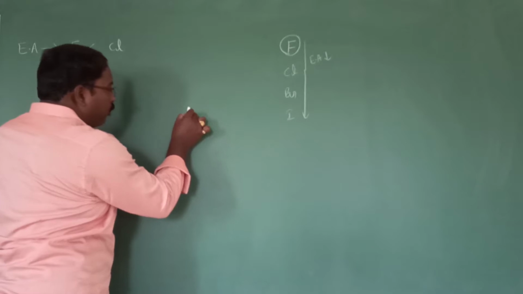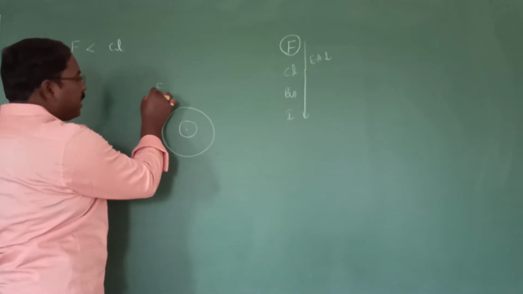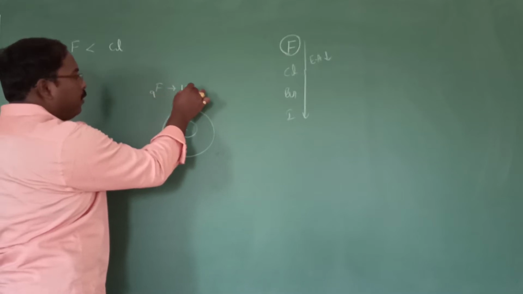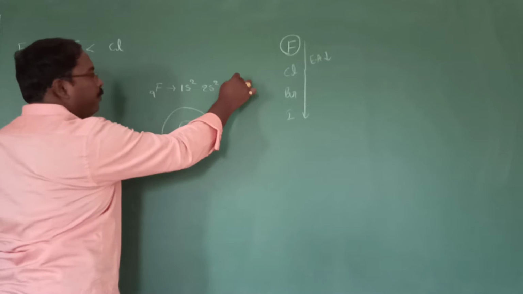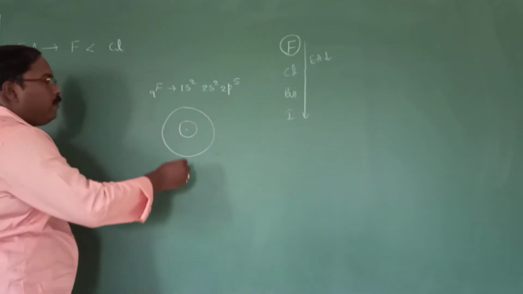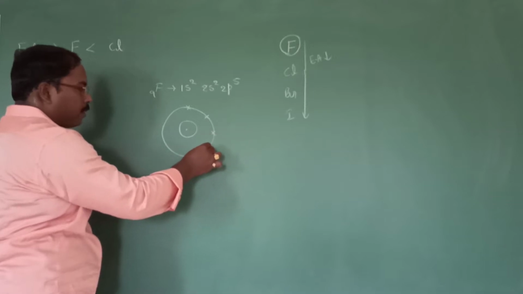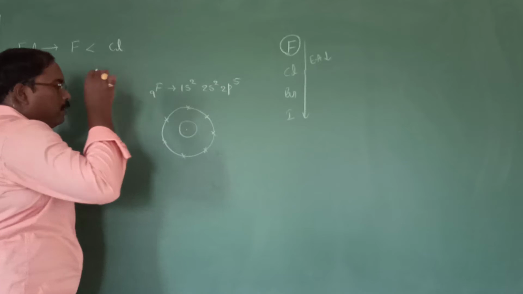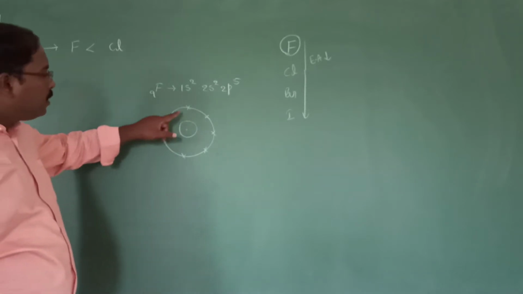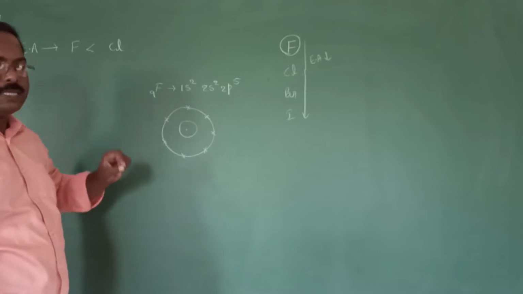Let us take fluorine. The atomic number of fluorine is 9, and its electronic configuration is 1s2, 2s2, 2p5. So in the valence shell it has 7 electrons. For understanding purposes, I have represented the 7 valence electrons of fluorine.